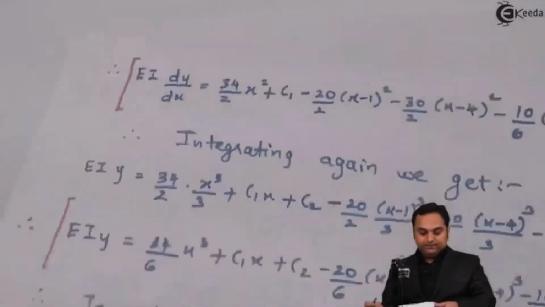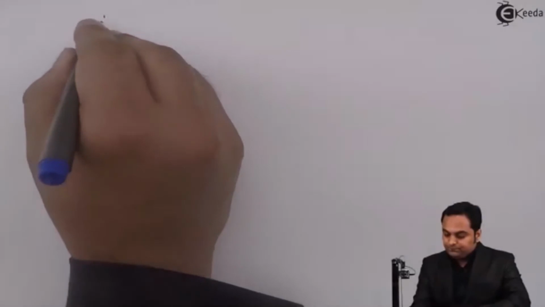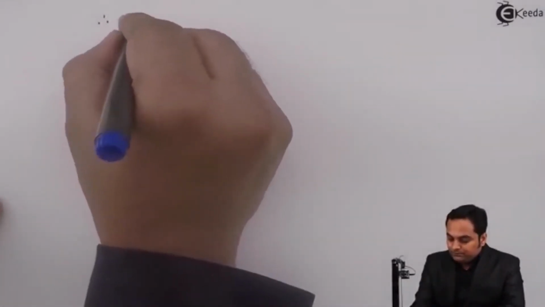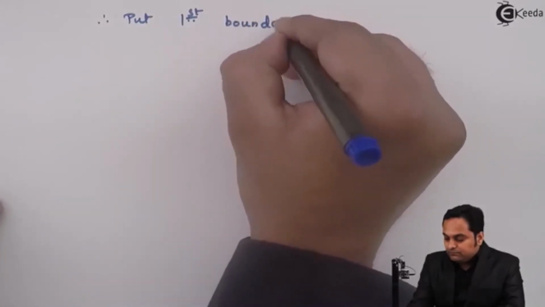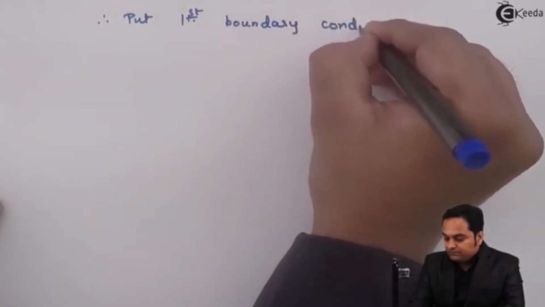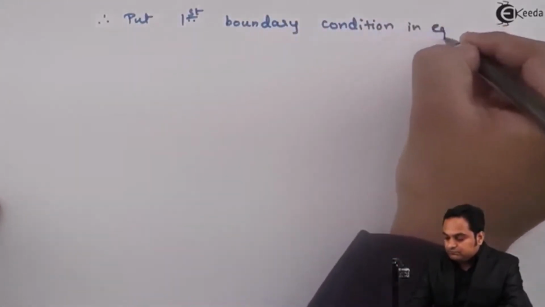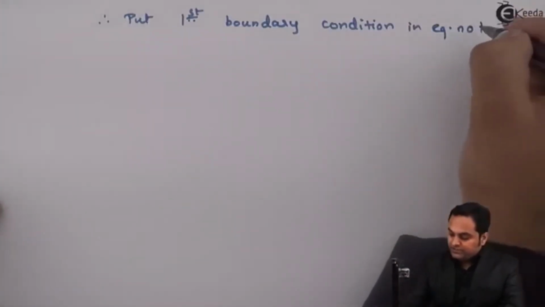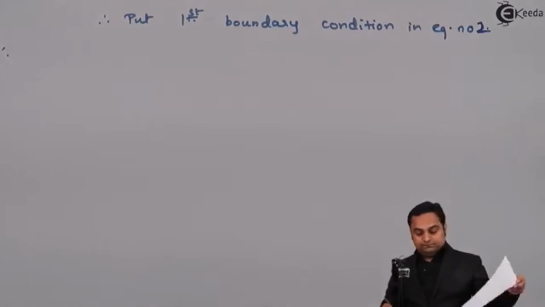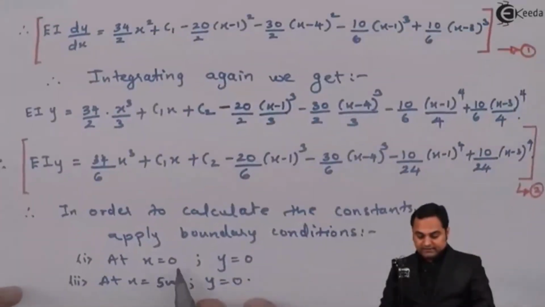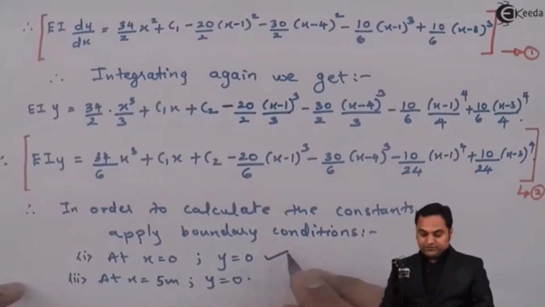So I'll put the first boundary condition in equation number 2, because we want deflection. Now at x is equal to 0, y is 0, this is the first condition.